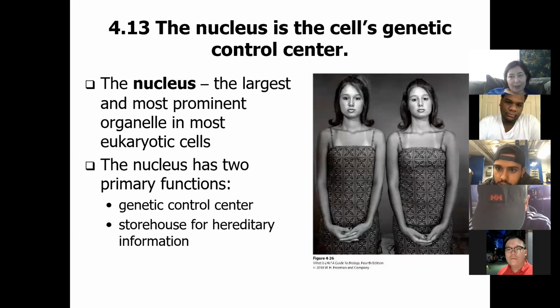We're going to talk about the parts of the cell and we'll be done. Nucleus. The nucleus is the central piece inside the cell, the core. Inside the nucleus you have genetic material, right?